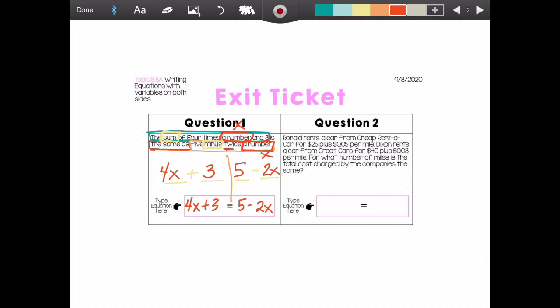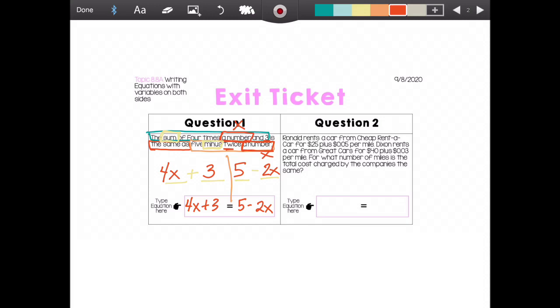Let's continue on to question number 2. This is a more lengthy word problem where vocabulary is key to understanding and determining what operations are being used. Ronald rents a car from Cheap Rent-A-Car for $25 plus 5 cents per mile. Dixon rents a car from Great Cars for $40 plus 3 cents per mile.